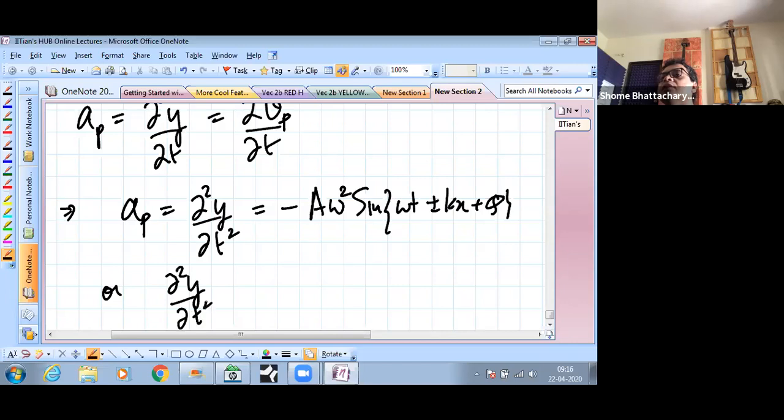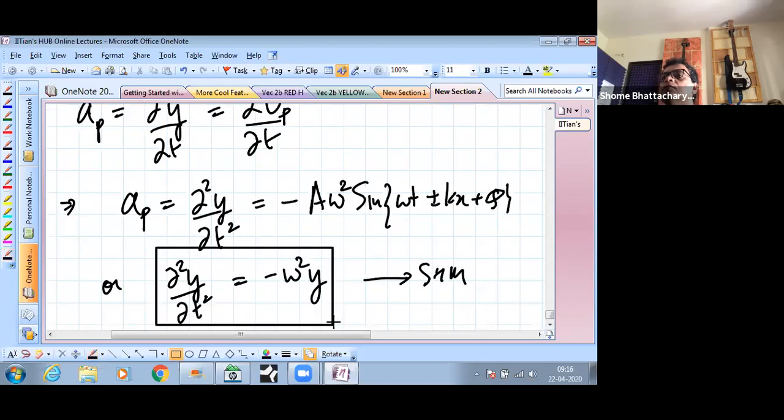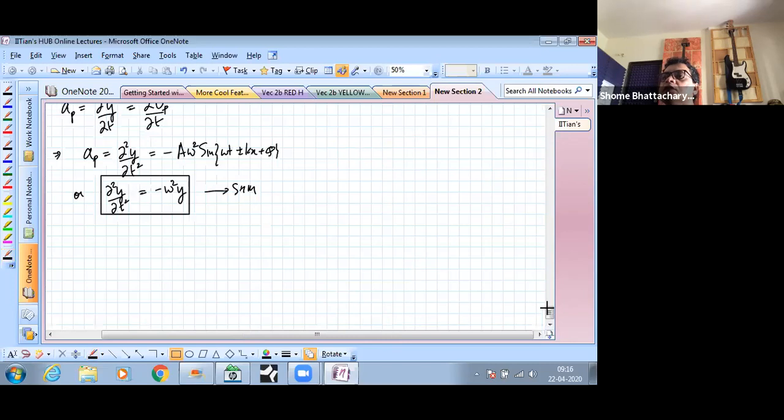The second derivative of y with respect to time, or particle acceleration, is nothing but minus omega square times particle displacement. So this is your SHM property of the particles. So this also becomes an important aspect of the analysis: particle velocity and particle acceleration.